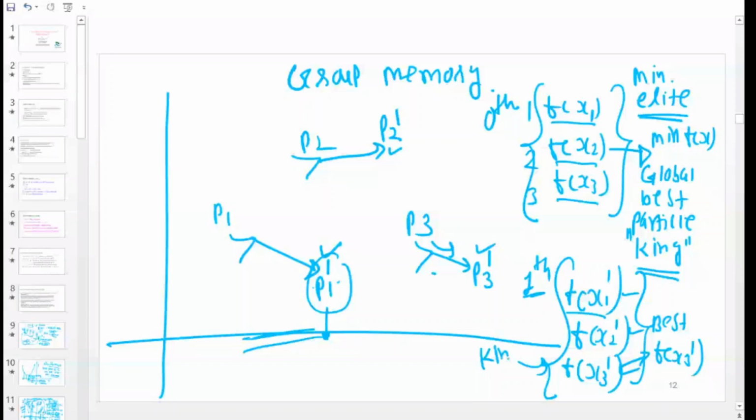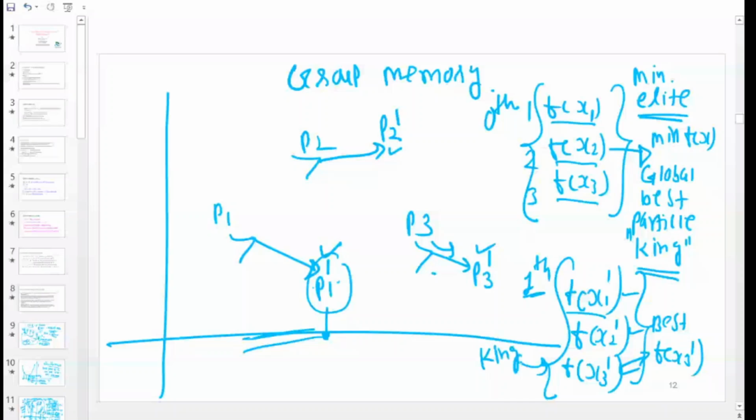Now compare the global best particle obtained in the zeroth iteration and the global best particle obtained in the first iteration. So compare f of x2 obtained in the zeroth iteration and f of x3. Which one is minimum? Which one is better?